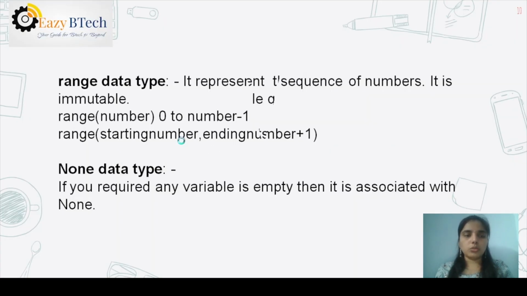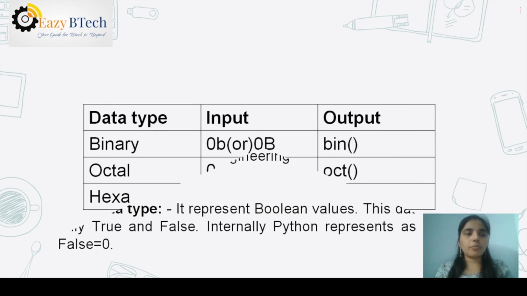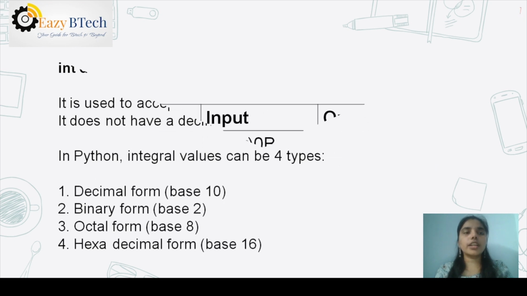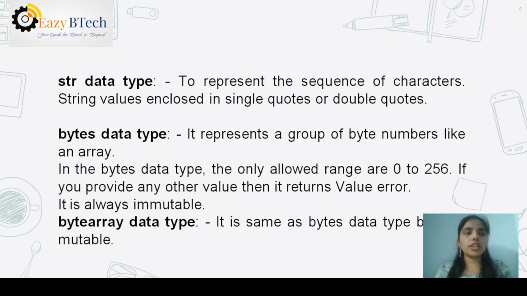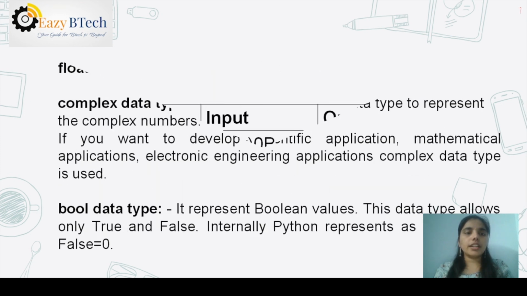Okay. Up to now, I covered integer, float, complex, boolean, string, bytes, byte array, range, none type. Here, I totally covered 9 data types.